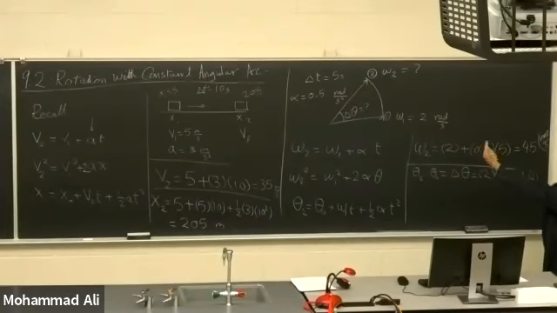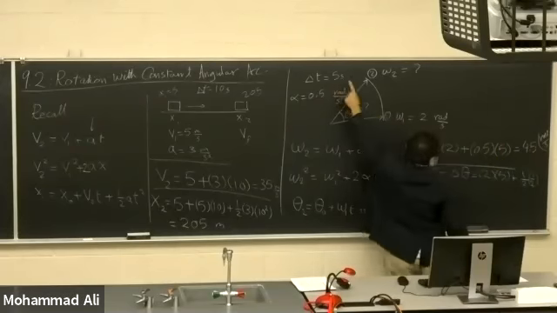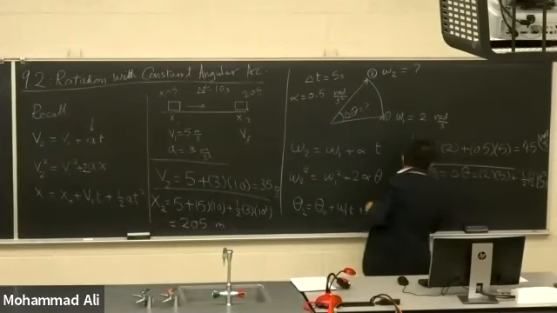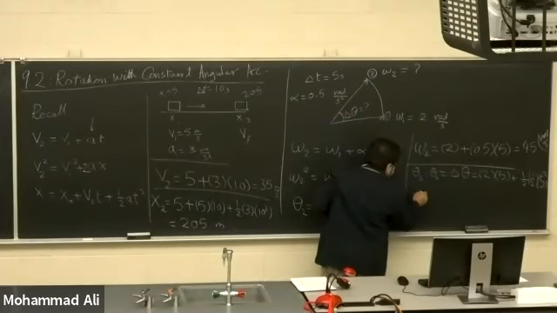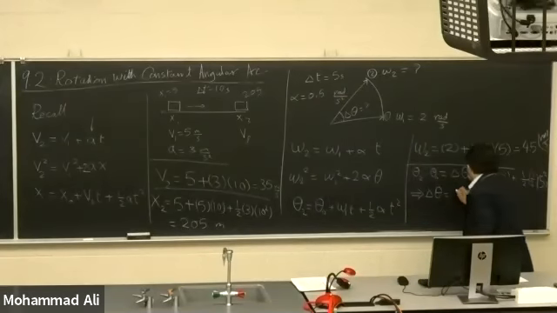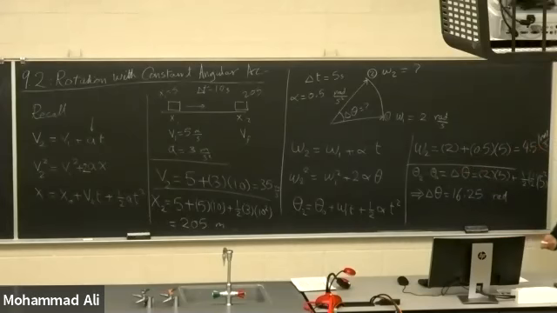The time is 5, squared. This will be equal, delta theta is equal to 16.25 radians.